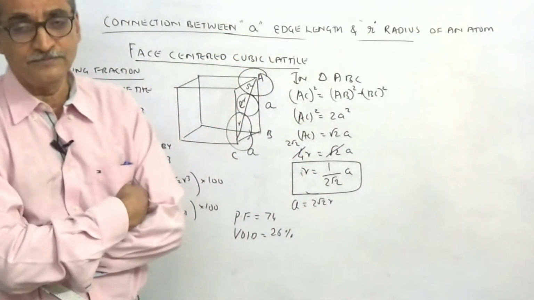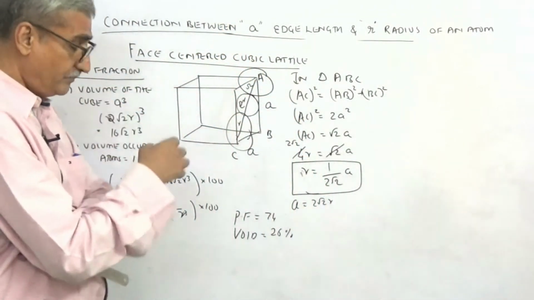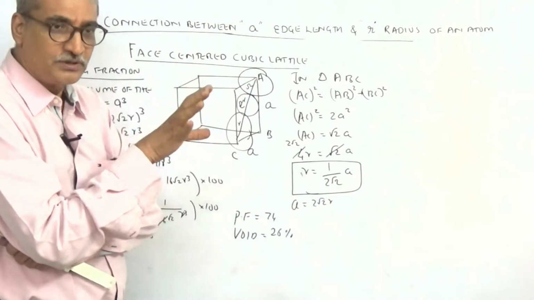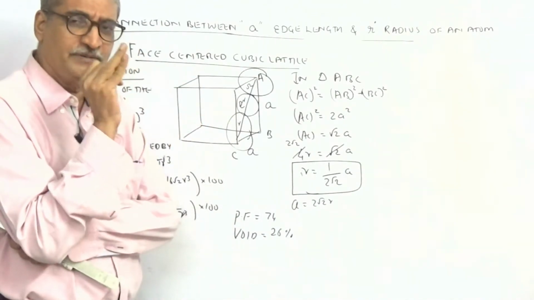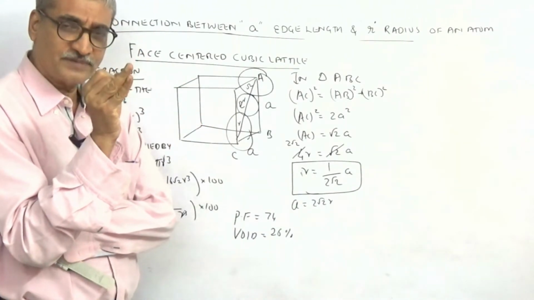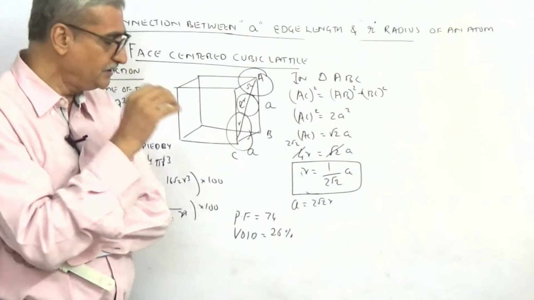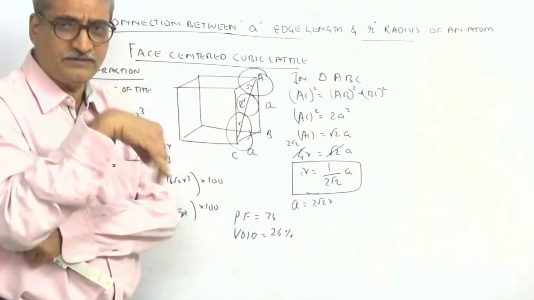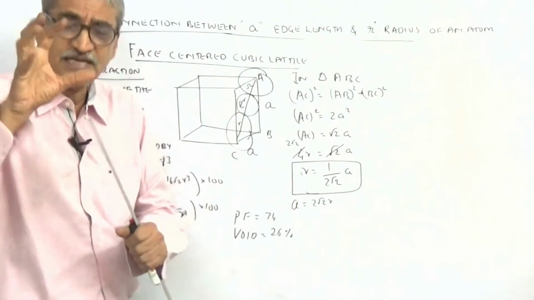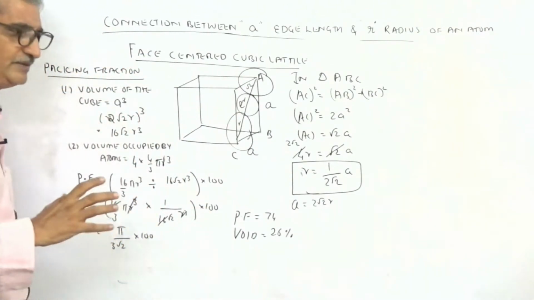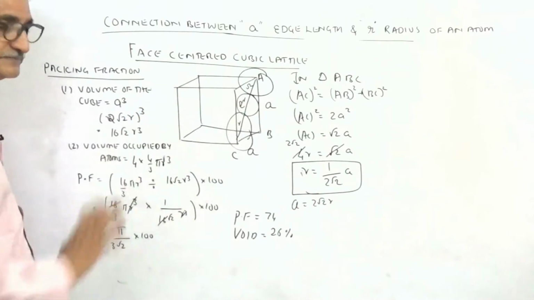You should know roughly what the packing fraction is for simple cubic, body centered, and face centered. Then 100 minus that gives the void space. This is the kind of MCQ they will ask, but from the board point of view they may ask this calculation.